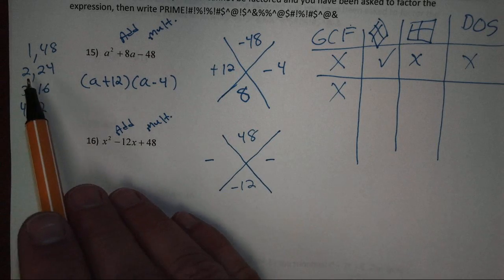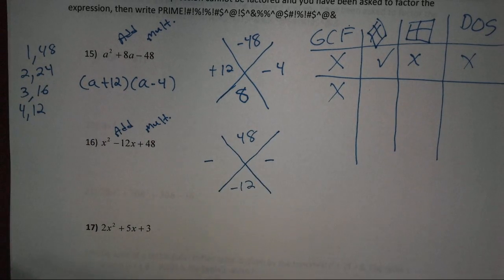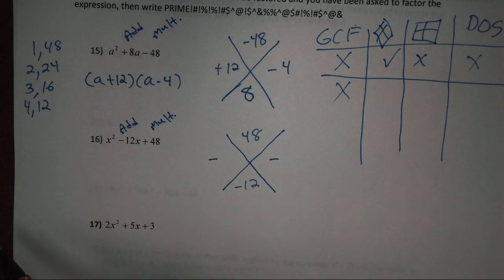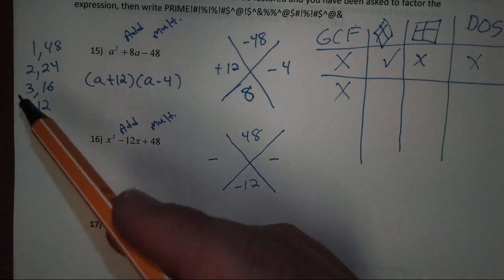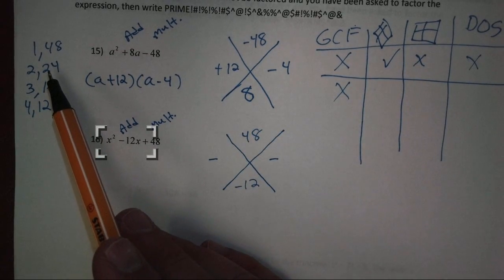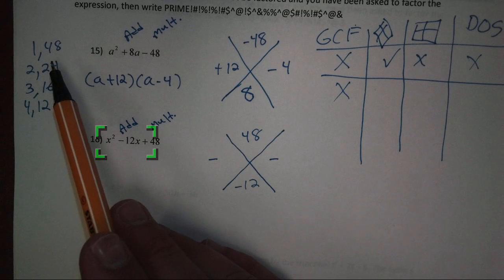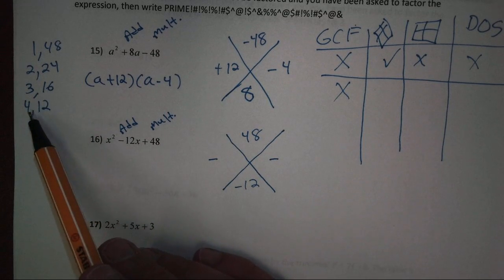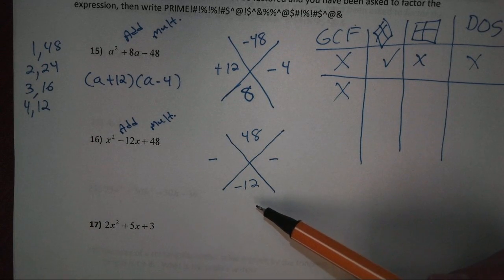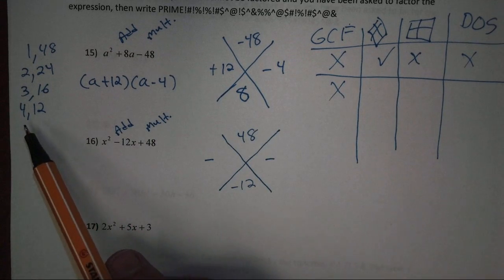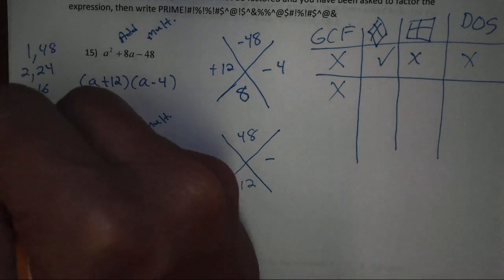And again, you would go through this whole checklist of numbers, but since we look at it, we could keep going. I could look at these because these were the exact same, multiply to get 48. Well, none of these numbers so far, when I add them, give me a 12. So I could keep looking. So the next thing that goes into 48 would have been a 6. So it would have been 6 times 8.